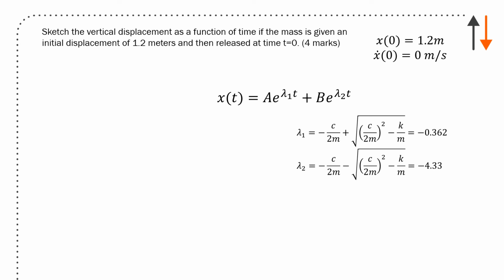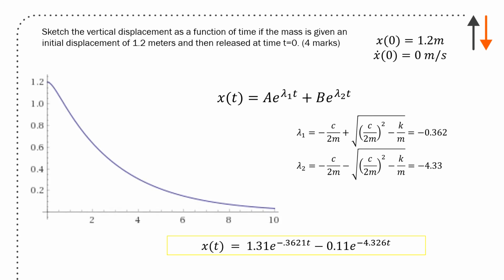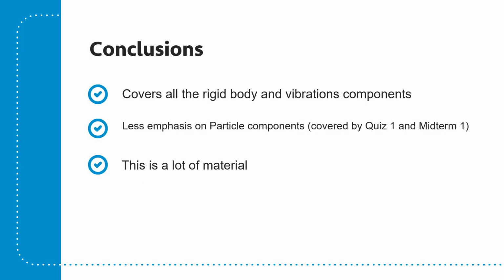Lambda 1 is equal to minus 0.362, lambda 2 minus 4.33. Substitute the terms in and substitute all the expressions, and I'll have something that is a decaying exponential that looks something like this. And so that's after 10 seconds. I use Wolfram Alpha to plot this and then just copy the plot over.